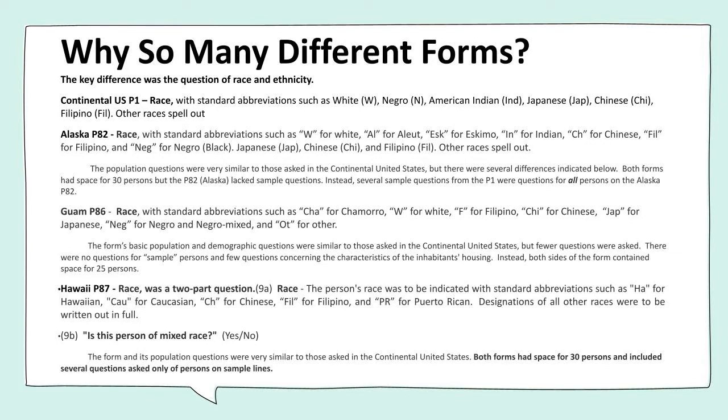And another question was asked: is this person of mixed race, yes or no? Now, the form and its population questions, again, were very, very similar to the other forms, and both forms had spaces for 30 persons and included several questions asked only of persons on sample lines. So again, there were differences in these forms, and this is just an example of some of them.